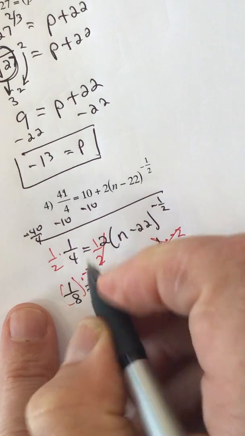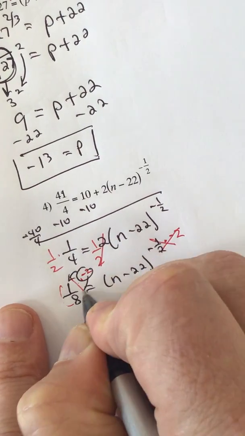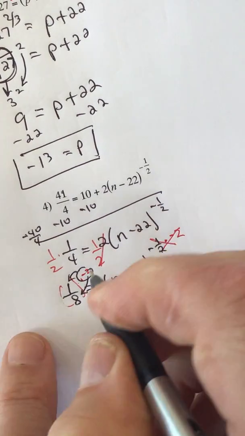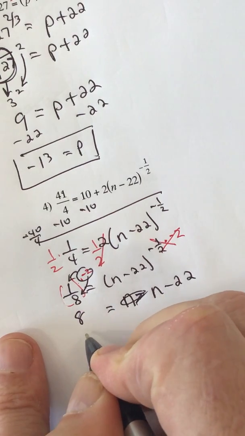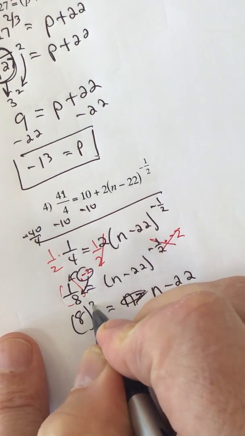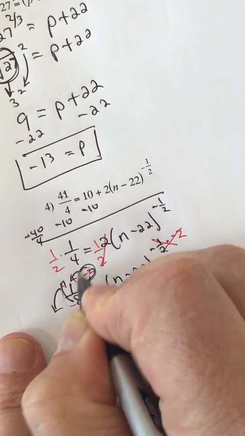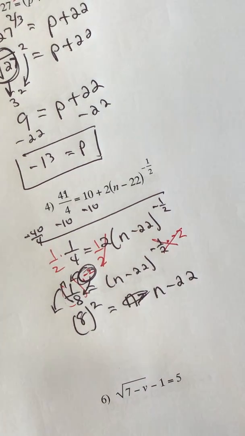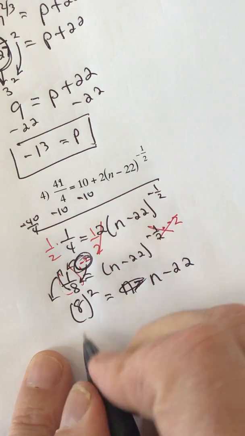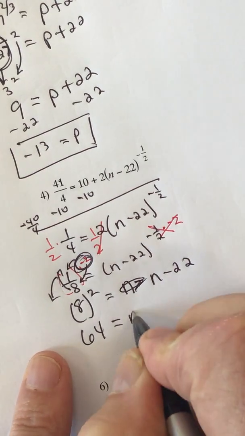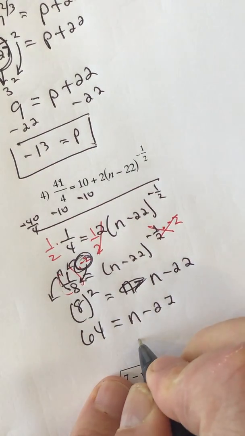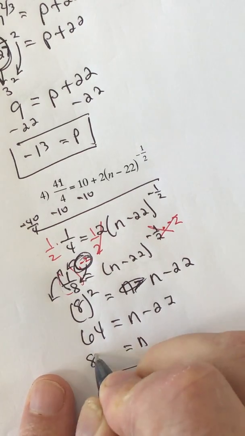This -2 is on the 1 and it's on the 8, so it means it's flipping it upside down. It's making it 8 over 1 to the power +2. So the 1 went downstairs, the 8 went upstairs, and that fixed the negative. So 1/8 to the -2 is really 64. And then just add 22 to both sides.